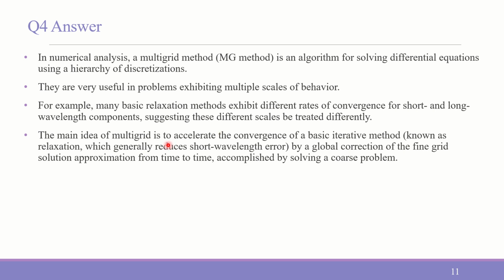The main idea of multigrid method is to accelerate the convergence of a basic iterative method.